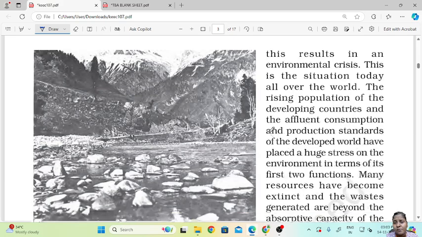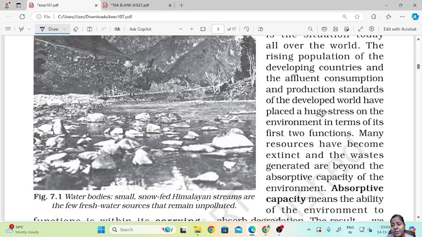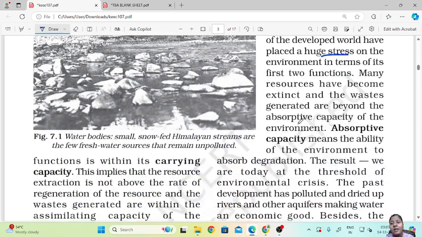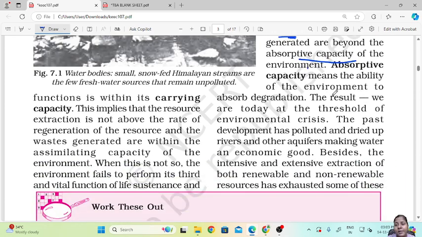The rising population also is affecting the environment. The affluent consumption and production standards of the developed world have placed a huge stress on the environment. Many resources have become extinct, and waste generated is beyond the absorptive capacity of the environment. Absorptive capacity means the ability of the environment to absorb degradation.